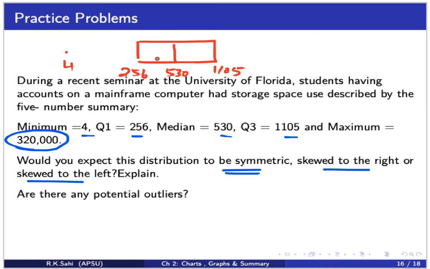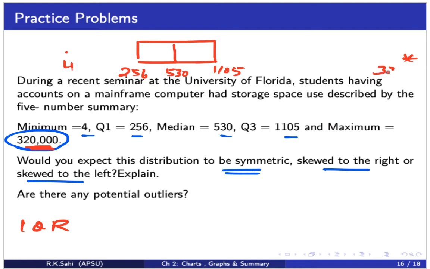Still closer to this. So even if we take the IQR to find if it is beyond the lower limit or not, we can quickly do the math. 1105 minus 256, 849. Let's find the IQR. 320,000 definitely is way far from all these values.